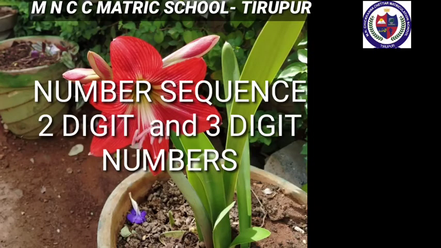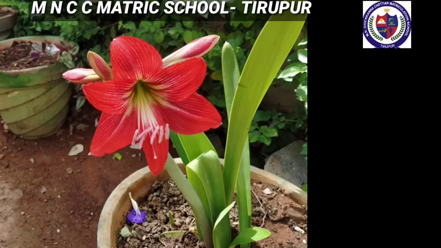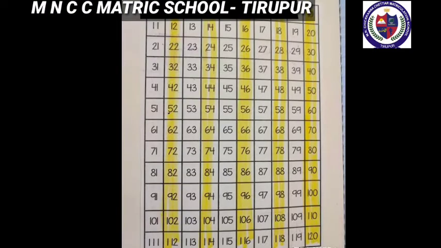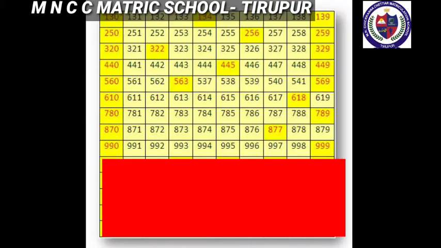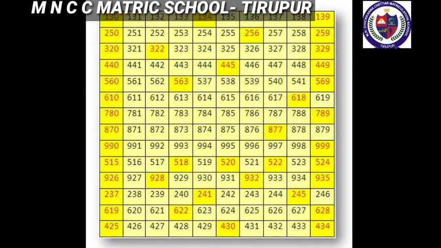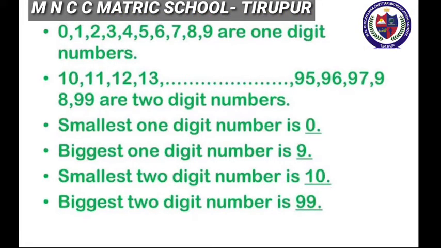Now we will see the 2-digit and 3-digit numbers. The 2-digit numbers are 10 to 99 and the 3-digit numbers are 100 to 999. Next, we will learn the smallest and the biggest 2-digit numbers.